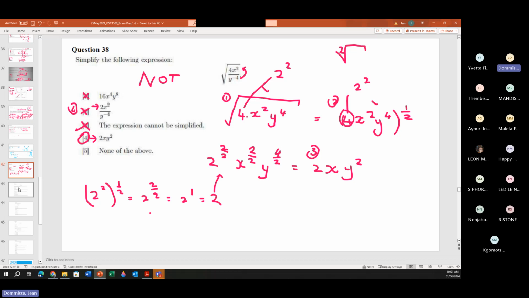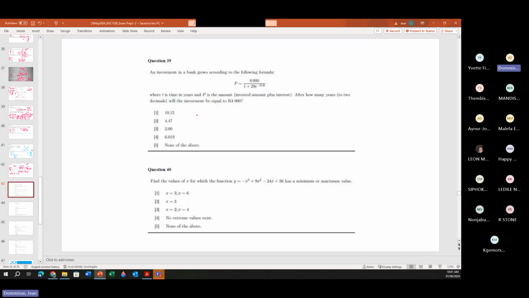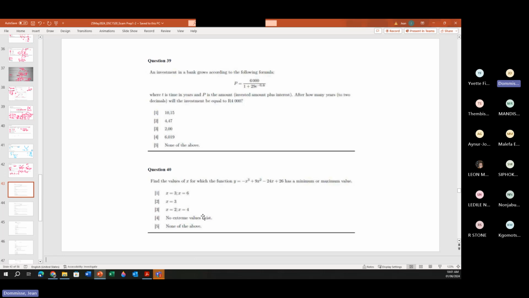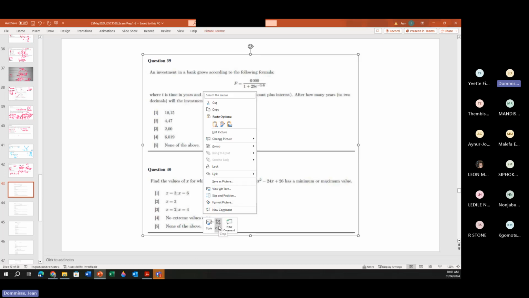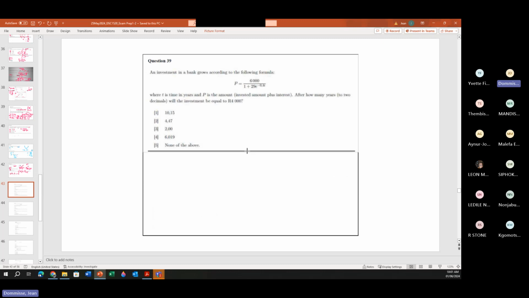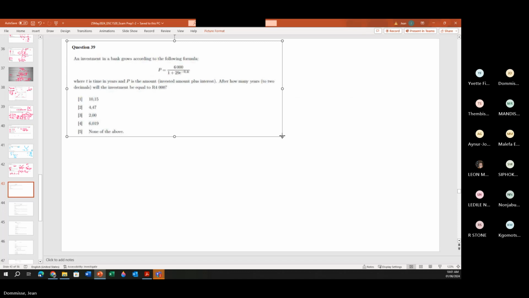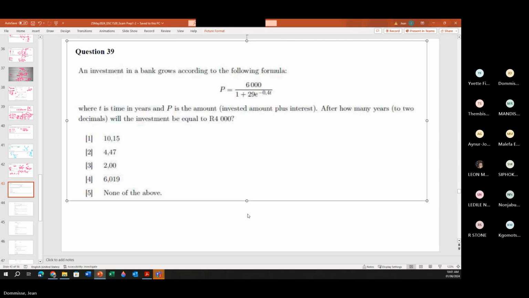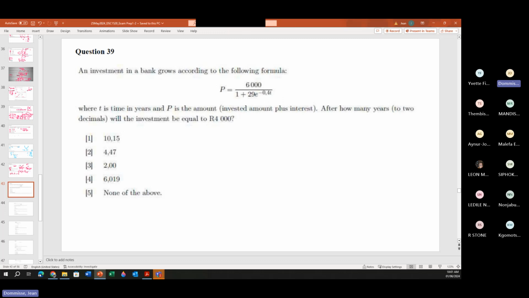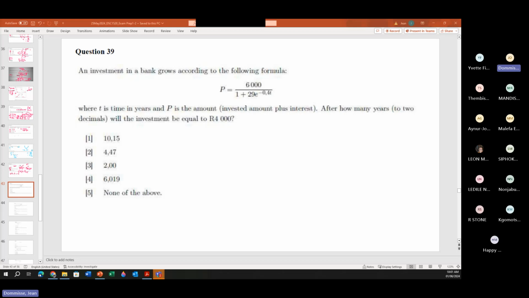Okay, so let's look at the next one. Let's just quickly duplicate. That question 39 I thought was quite an important one to look at, because this might again be something that pops up in your exam.